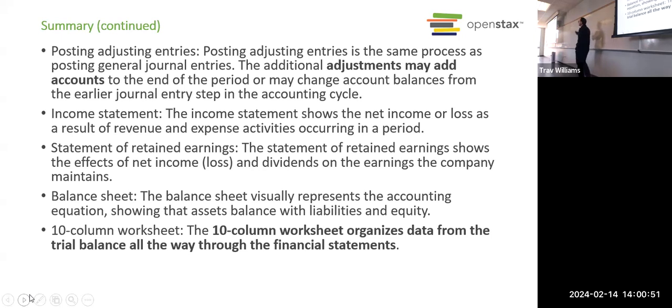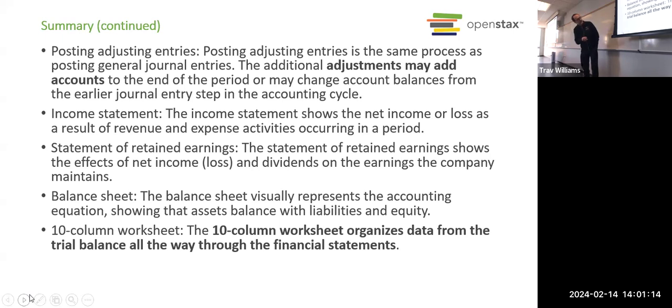So what you'll find is when you make your adjusted trial balance, there may be some accounts on there that were not on the unadjusted trial balance because they previously had a zero balance. And now that you made the adjustments, they have a balance and they do show up on your adjusted trial balance.